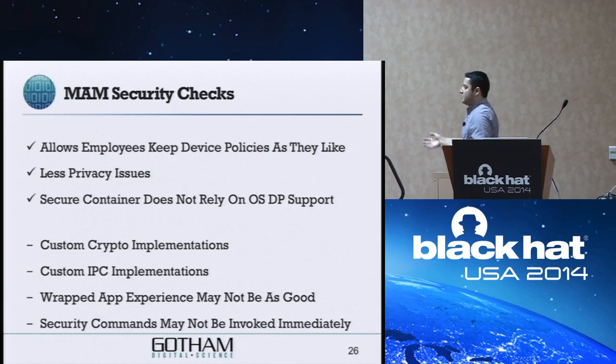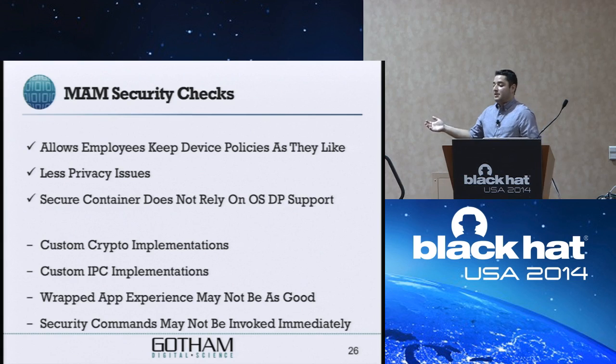So let's do a comparison right here. Why would someone use MAM over MDM? Well, the plus is the personal experience is a little better because you don't need to enforce strict policy at the device level. If I want to use Twitter whenever with a 4-digit passcode and have access to it at all times and not have to unlock and enter my passcode all the time, I can do that.